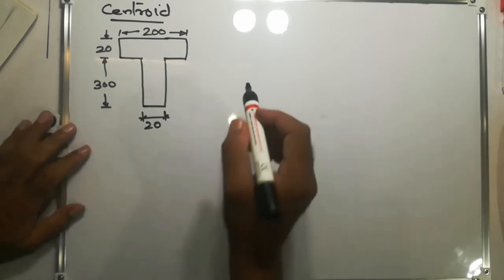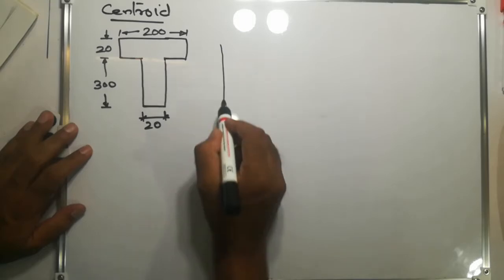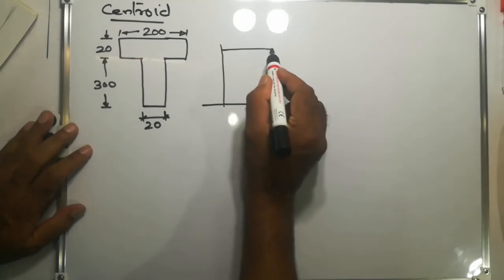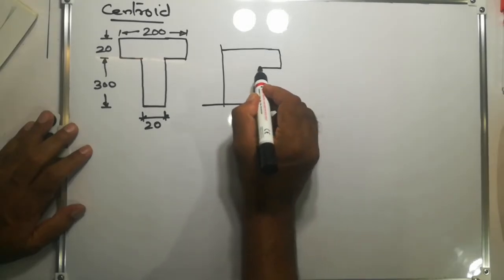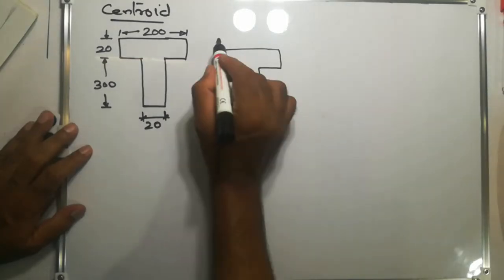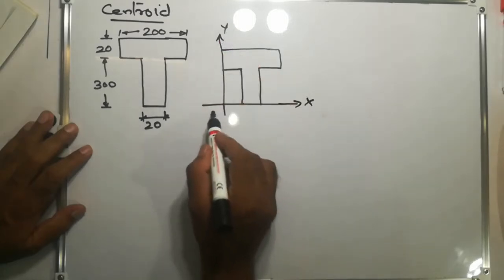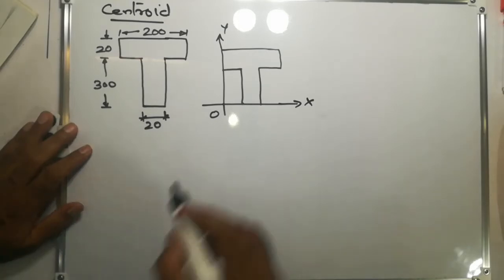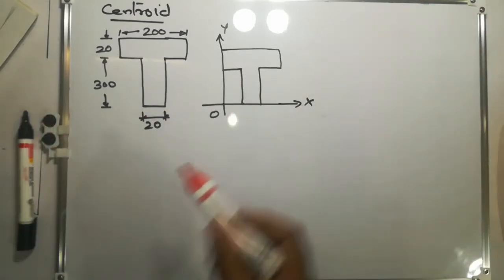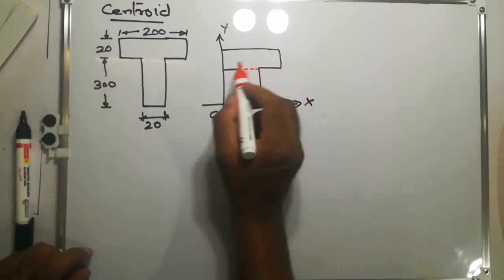For that, first of all, we will draw the reference axis for the shape. So these are the reference axes, X, Y and O. Then we will divide this shape into two standard shapes, say two rectangles.